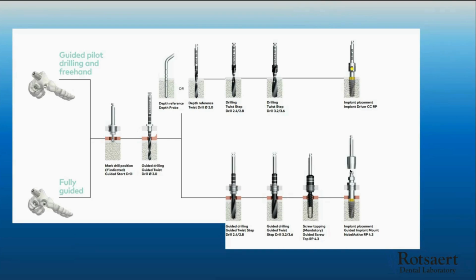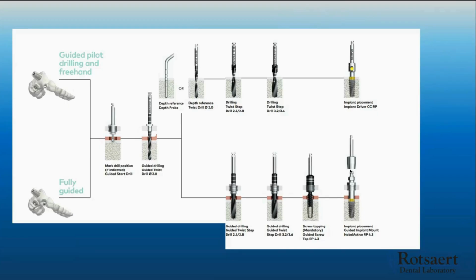So imagine the sleeve is large enough to put an implant through, but if I'm taking a 2 millimeter drill, that 2 millimeter drill isn't guided unless I put a washer or some sort of a sleeve in place. And you'll see that in an animation shortly.